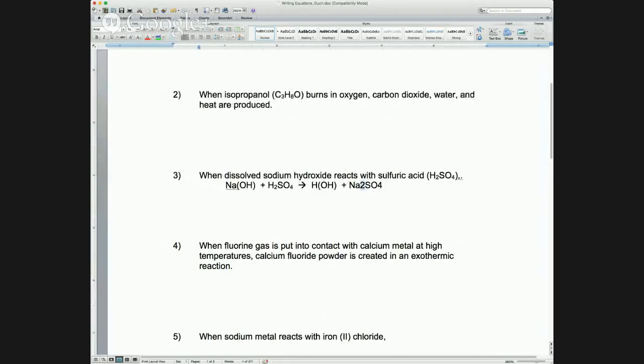It has a 2-. So when it pairs with sodium, which is a 1+, you get Na2SO4. And since the H was paired with the OH, you've got HOH, which you should be familiar with enough now that you recognize that as H2O. There's different ways of saying the same thing.